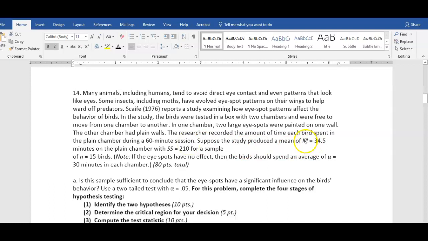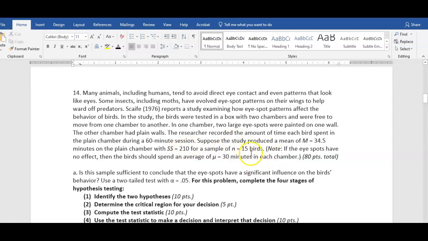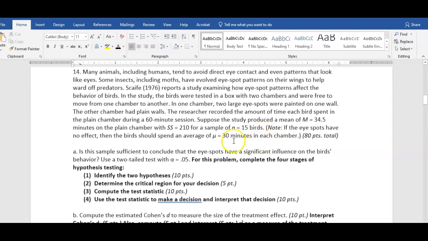And the study produced a mean of 34.5 minutes on the plain chamber side, and it's giving you the sum of squares value of 210, and this is with a sample of n equals 15 birds. The value in the population is a mean of 30 minutes in each chamber. And the standard deviation in the population is not given. It's probably unknown.